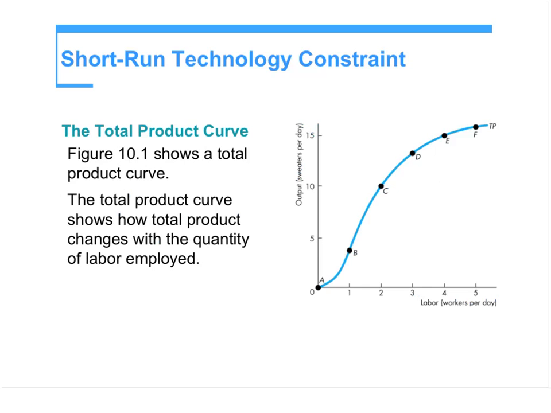At the bottom, you see the labor working per day, and you see the output. As the number of workers per day increases, you'll see that your output also increases. At 1 worker per day, you have point B, which is a little bit less than 5 output.